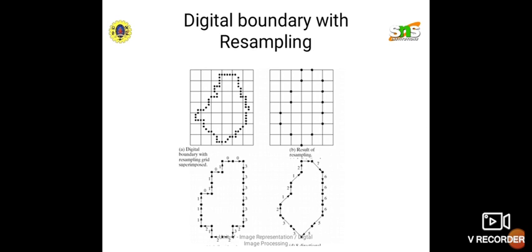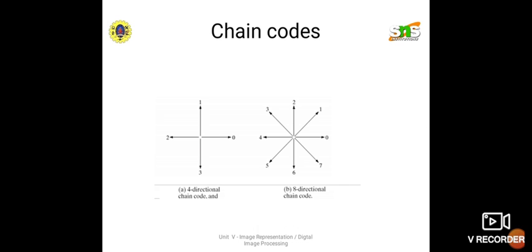Even though the shape looks almost similar, the number of samples has been reduced, which reduces the computation. The third figure shows, based on the second figure, the values assigned as per the direction of movement. If you start at the top corner and move towards the right horizontally, based on the chain code given in the previous case, the value is 0.